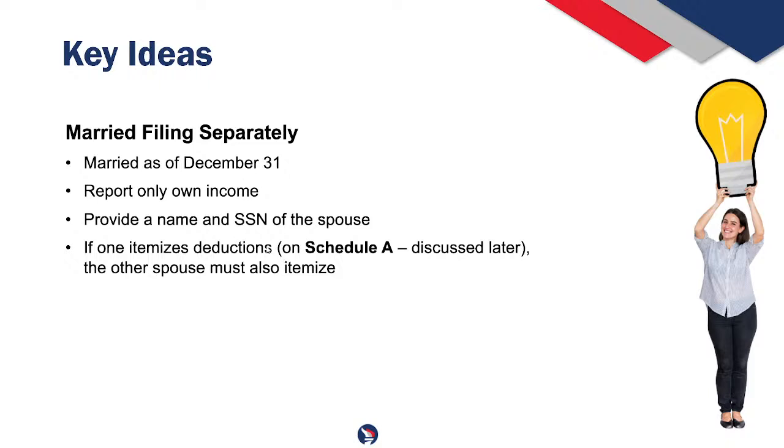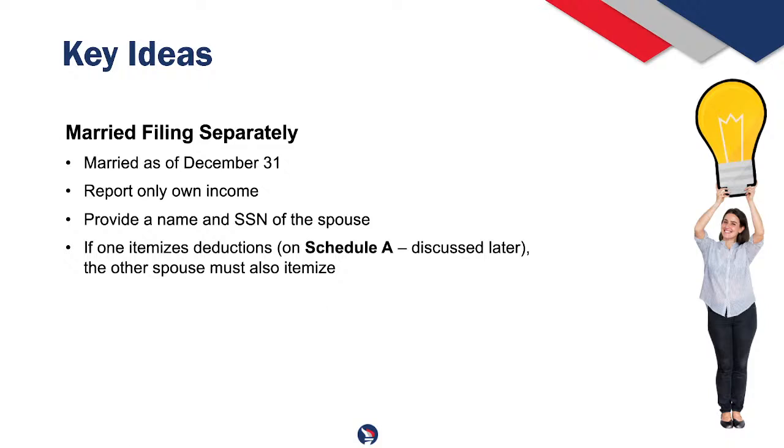The other thing that I want to talk about was if one spouse itemizes on Schedule A, the other spouse must also itemize. On married filing separately, when both of them are married filing separately, that is a true statement. However, if the other party is going to do head of household considered unmarried, then this rule does not apply, because they're filing head of household, not married filing separately.